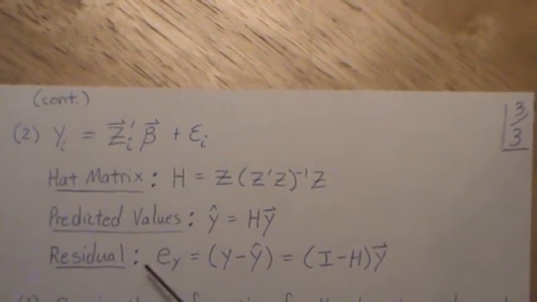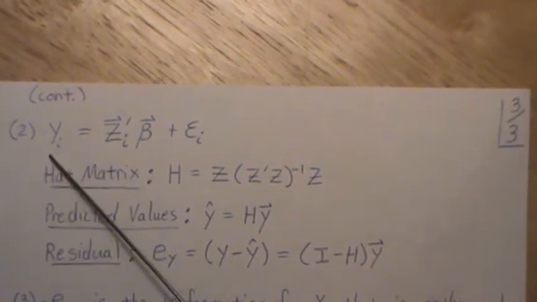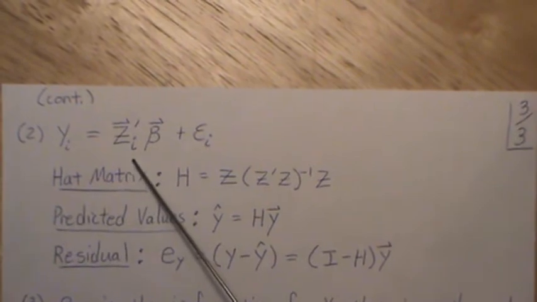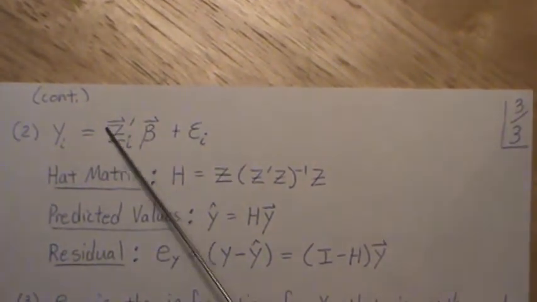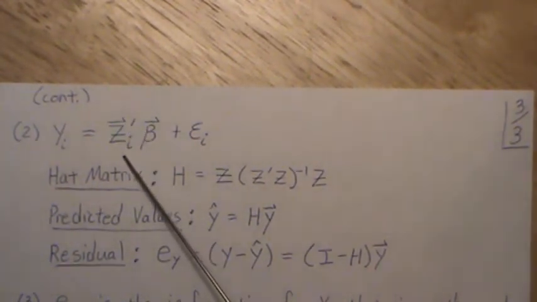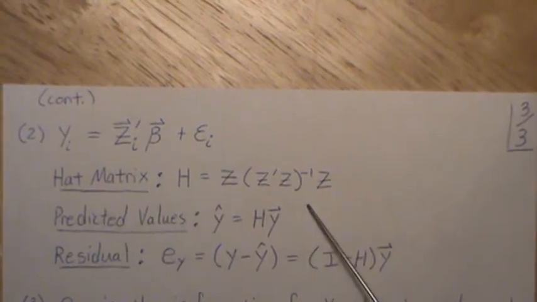Now we do the same thing for Y. We regress Y onto Z, and notice that the independent variables are the same, so the hat matrix is going to be the same.